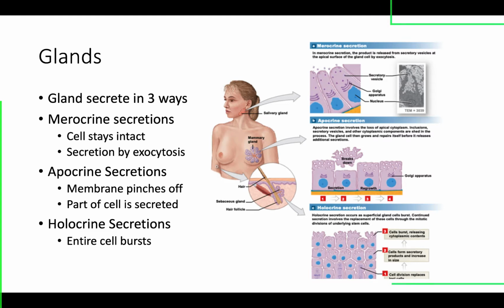And then finally we have the holocrine secretion. Holocrine secretions, again, we find those in those sebaceous glands that release sebum. And so in this case, the entire cell is going to burst. So what comes out in that sebum is everything. The nucleus, the cell membrane, all of the cytoplasm, everything comes out in that secretion. It just bursts, right?